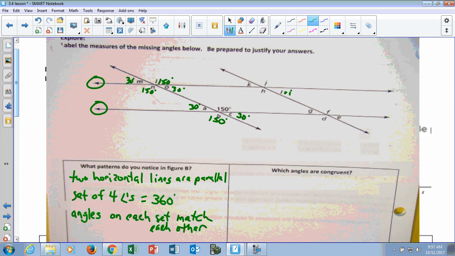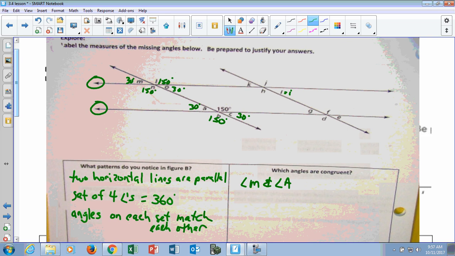Does anyone have anything else? No? All right, so which angles are congruent? What does the word congruent mean? The same. So go ahead and give me angles that are equal to each other. What angles are congruent, Lily? M and A are equal to each other. M and A, they're both 30, okay? What else?